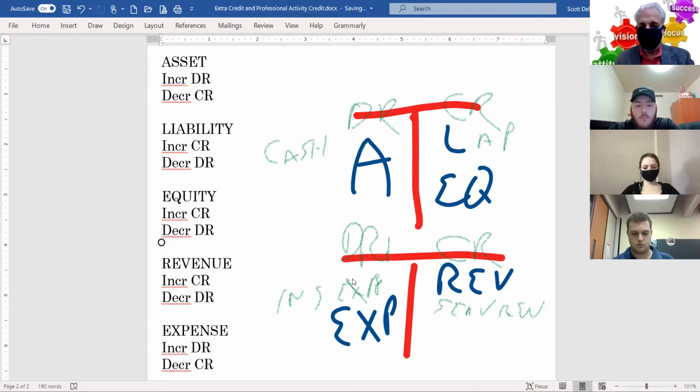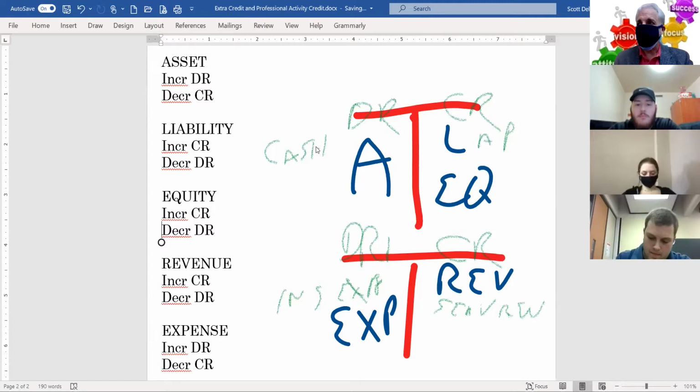Or we're going to debit insurance expense and credit accounts payable if we're recording the bill. And then when we pay it, we'll debit our accounts payable to zero it out, and we'll credit our cash.